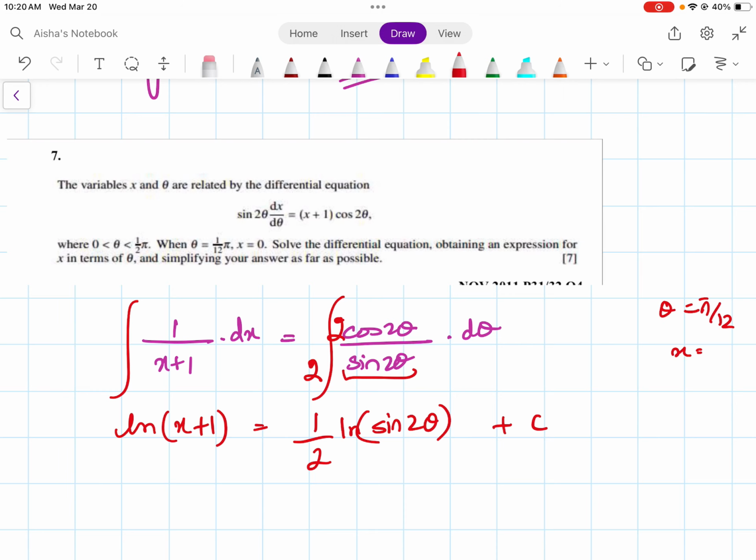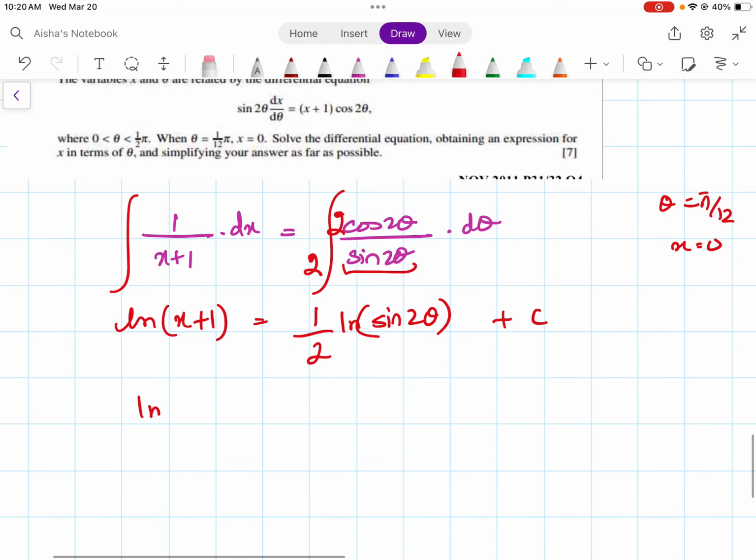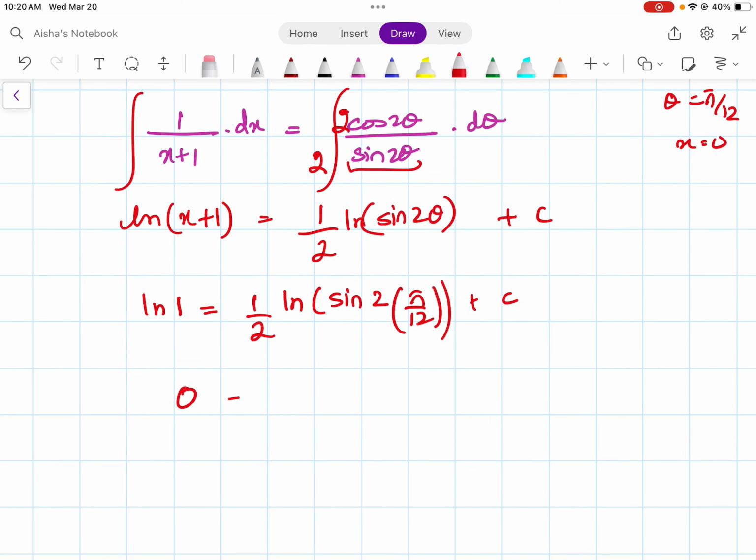When theta is pi by 12, x is 0. Sine pi by 6 is 1 upon 2.